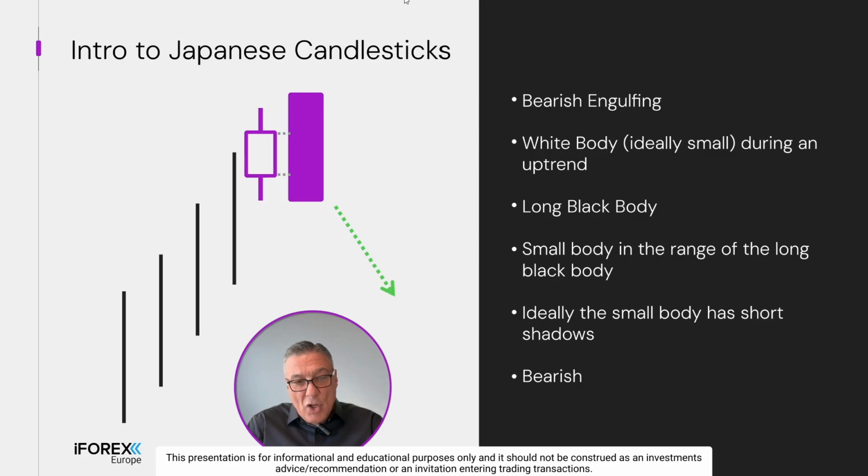But then a long black body, for some reason that we do not know, is formed, and this long bearish body contains the previous body, meaning the open and close price of the previous candlestick is within the body of the long bearish candlestick.